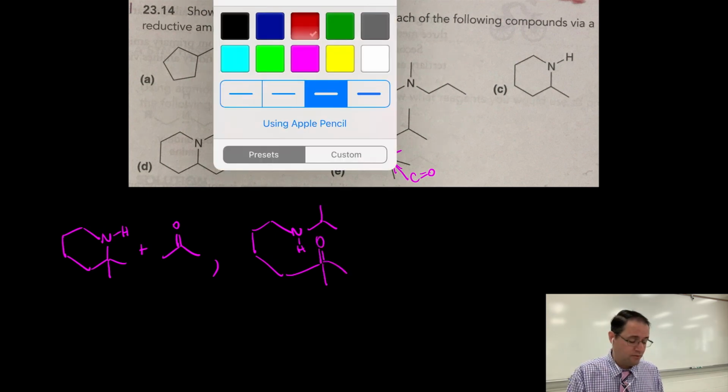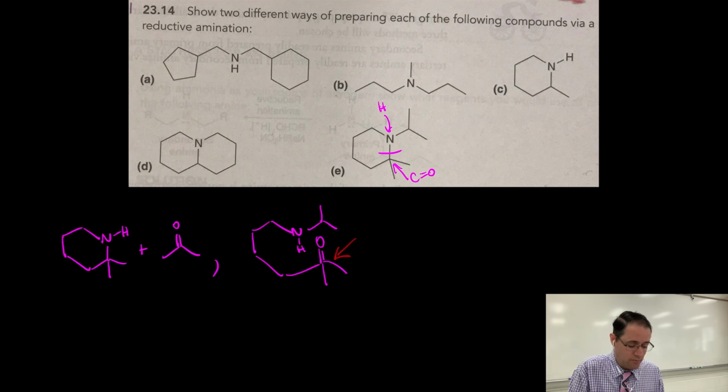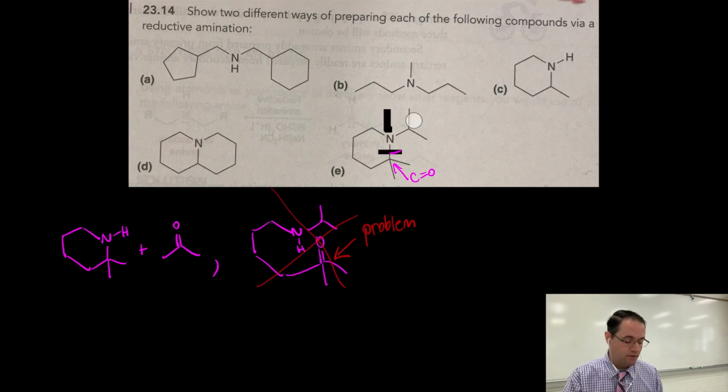There's a problem here, right? Because we know carbon can't have 5 bonds. So this sort of disconnection is not possible. If you have a quaternary center next to an amine, you can't make that by reductive amination, okay? So we're not going to draw that, okay? That's just embarrassing even to consider here on the YouTube video.